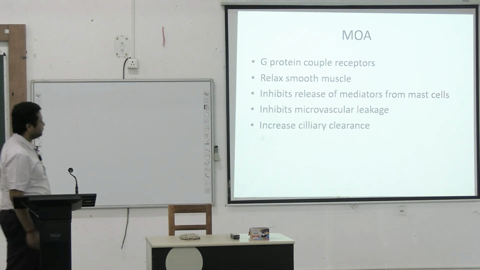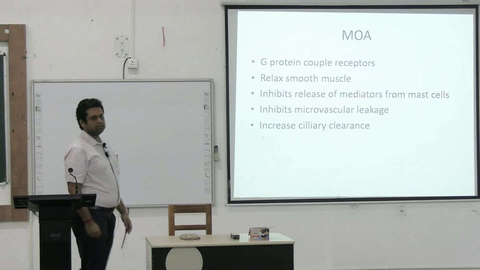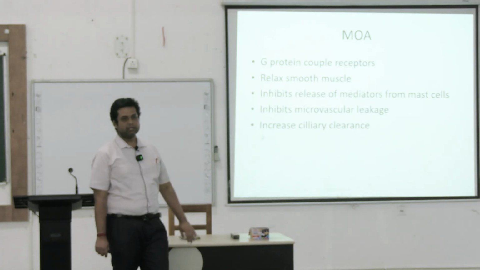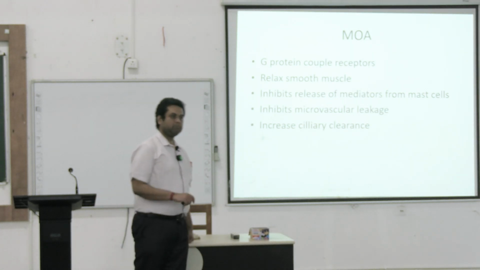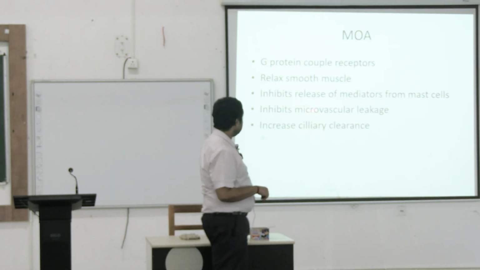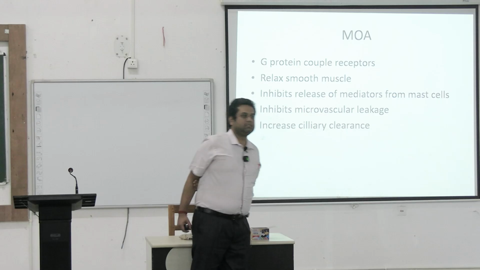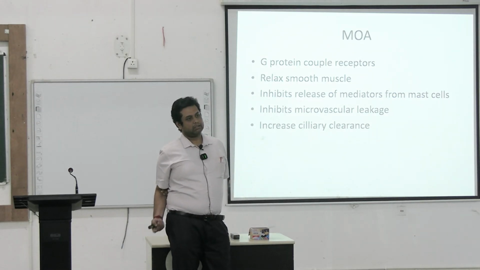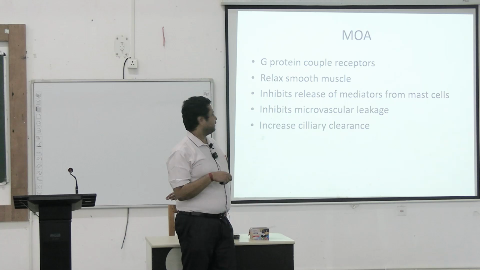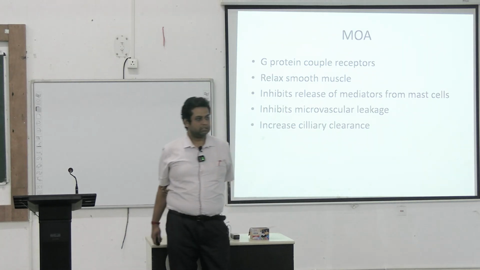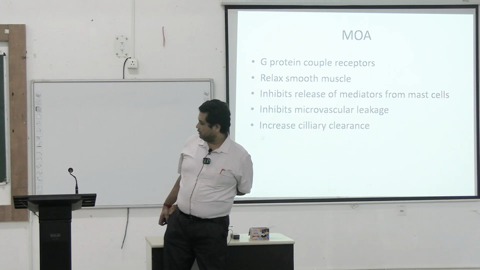Inhibit release of mediators from mast cells. What do the mast cells release? Histamine, one of the important mediators. Then inhibit vascular leakage. So why is leakage important? That causes the exudates. Alright. Then increase ciliary clearance. Acha.